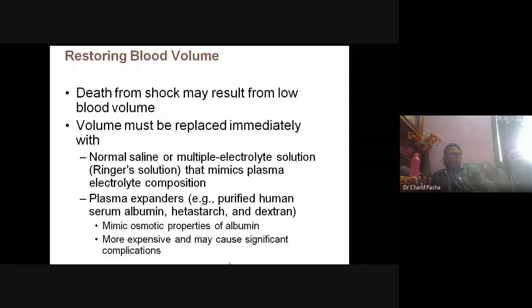And plasma expanders like purified human serum albumin and dextrans, mostly dextrans, and hetastarch. These are viscous compounds, given to the patient if he lost a large amount of blood. They mimic the osmotic properties of albumin, are more expensive and may cause significant complications also.